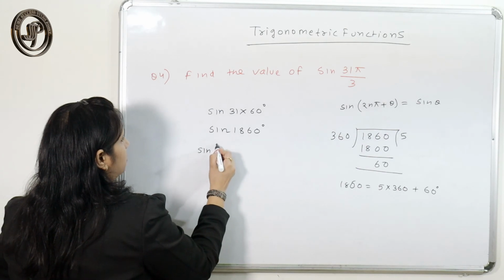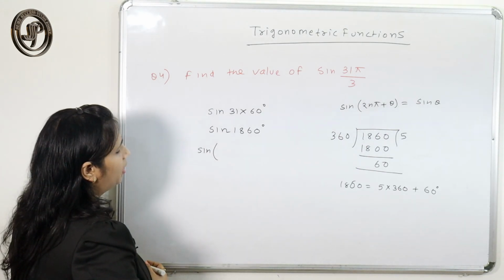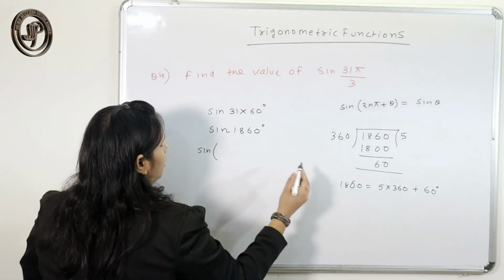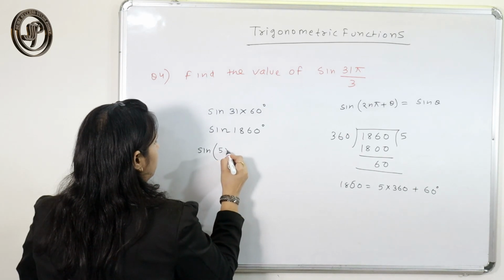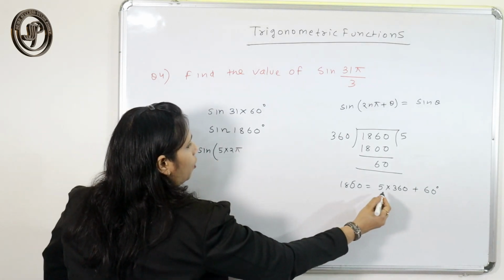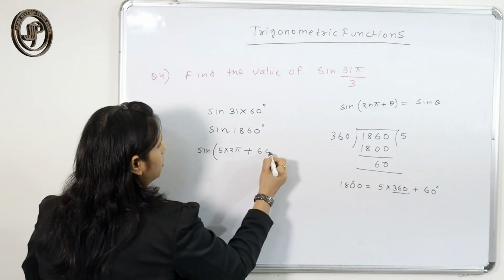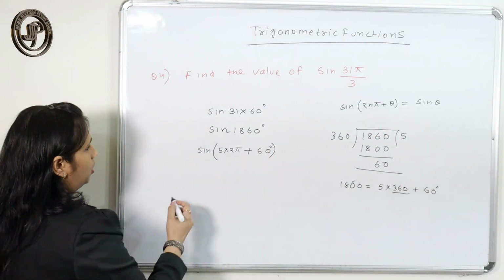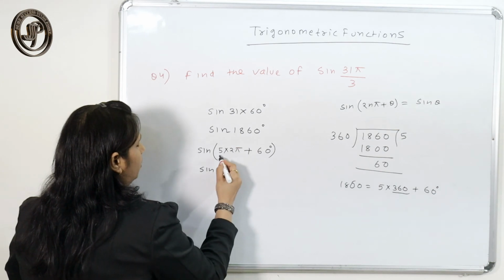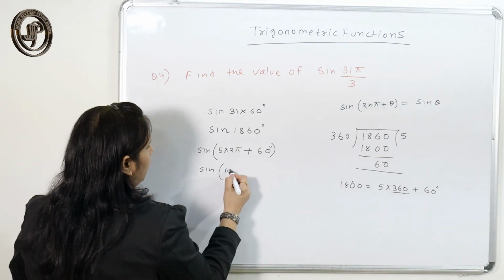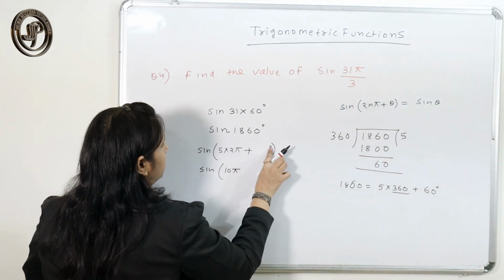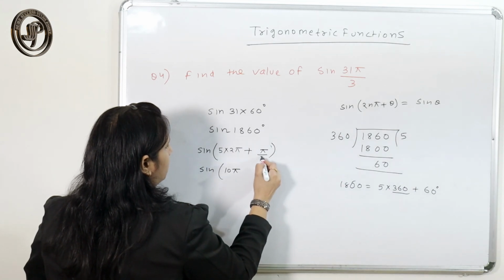So we can write sine 1860 as 5 into 2 pi, because 360 is 2 pi. This is how much? 10 pi, and 60 you can write as pi by 3, right?